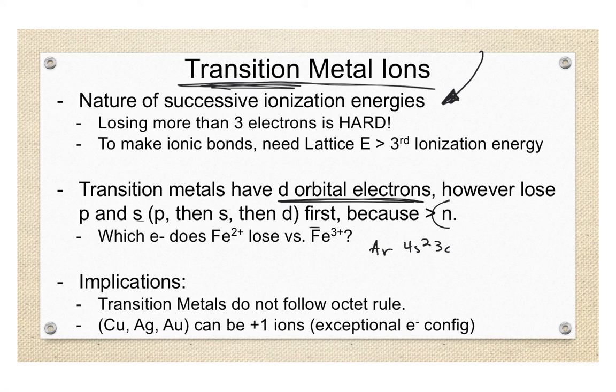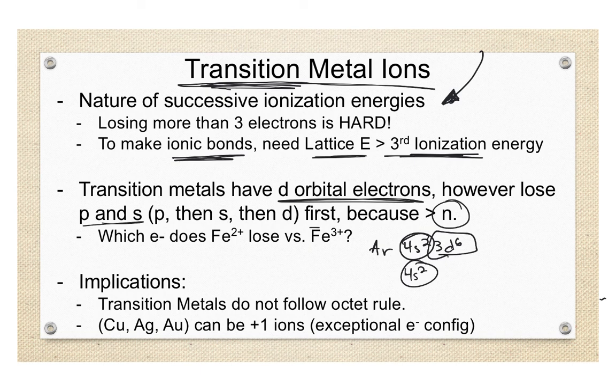For Fe2+, it just loses those 4s2. What about Fe3+? Fe3+ is going to lose the 4s2, but it's also going to lose 1 out of the 3d6, which leaves us with 3d5.